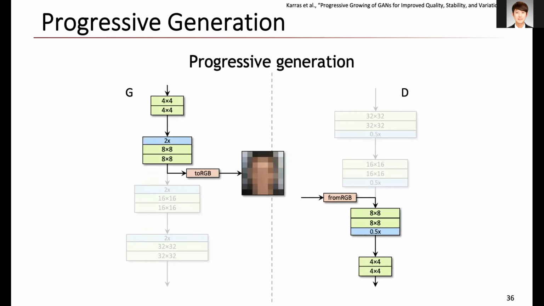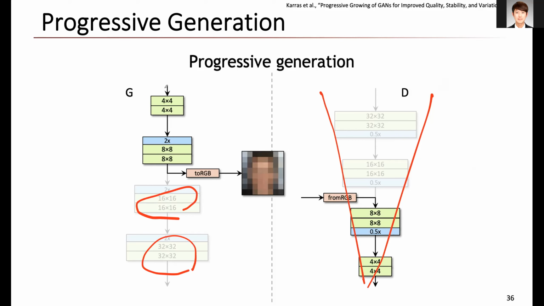Anyway, when we train on the 8 by 8 images, the discriminator should be an 8 by 8 discriminator, right? So we can do similar things. And by progressively adding each discriminator, finally we can train the 1 to 1000 generator with the 1000 to 1 discriminator network.